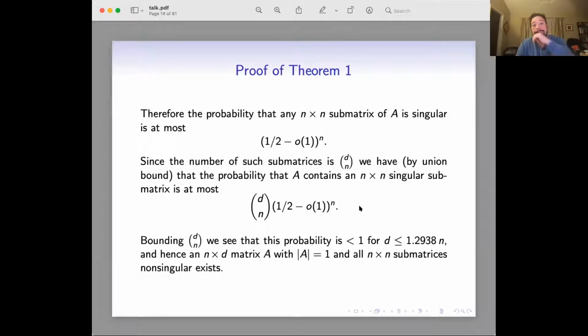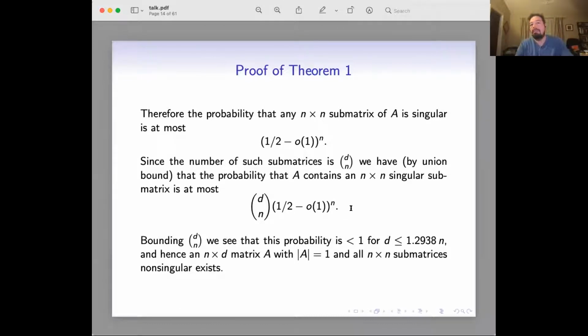Well, so it's possible to bound the binomial coefficient, using this binary entropy function, and then using this bound, we can see that if we push d to be no bigger than about 1.3n, then this probability is actually less than 1.